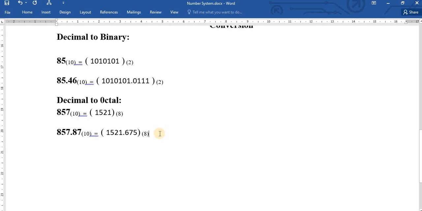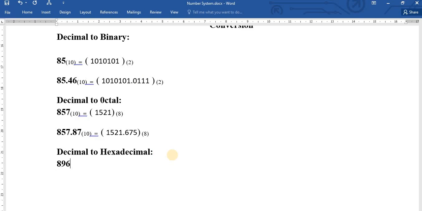Okay, so the next one is how to convert decimal to hexadecimal. If you want to convert decimal to hexadecimal, the process is the same, but here you will use 16 instead of 2 or 8. For example, you have a number like this.